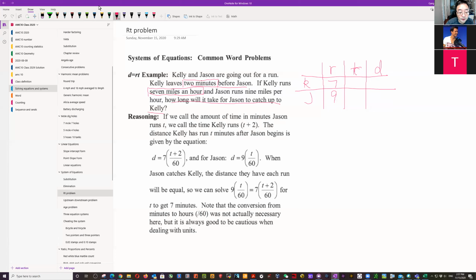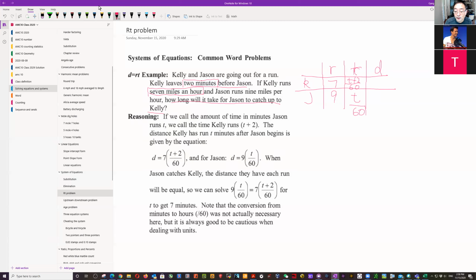So let's say the time is t, and t is in minutes. If it is in minutes, you have to divide by 60 because the unit here is miles per hour. Here it is t plus 2, because Kelly started out 2 minutes earlier.